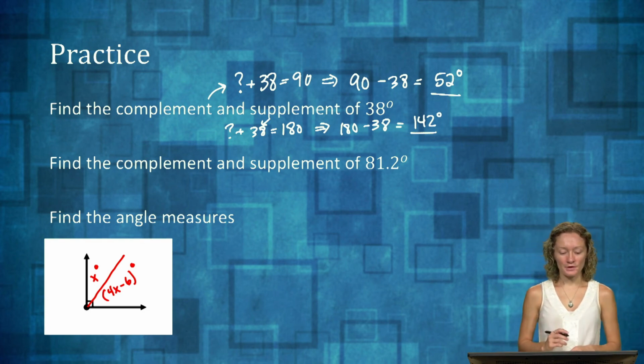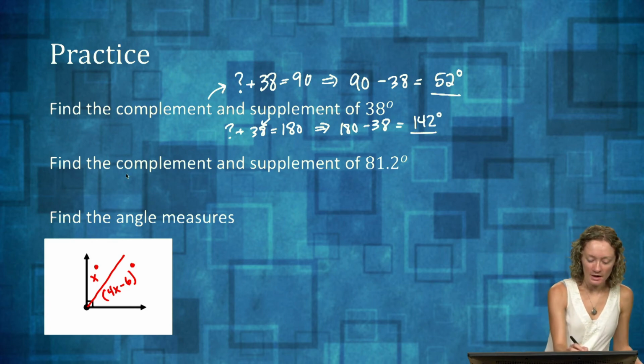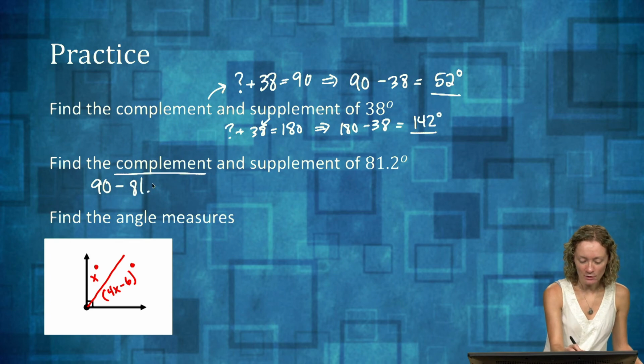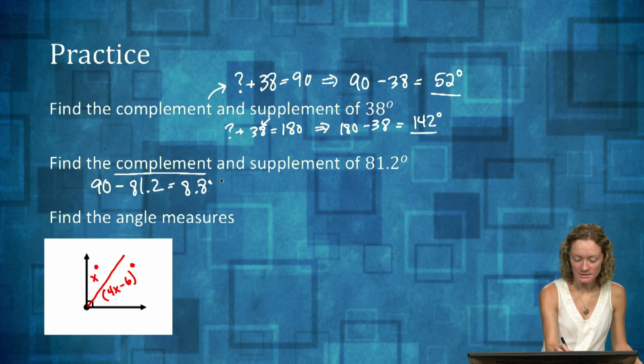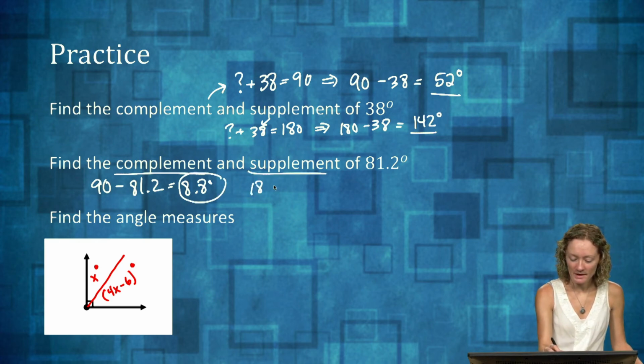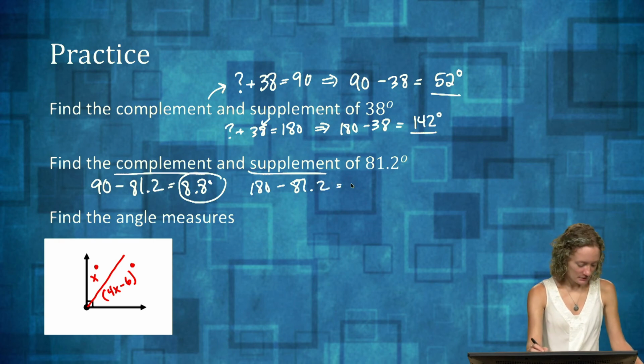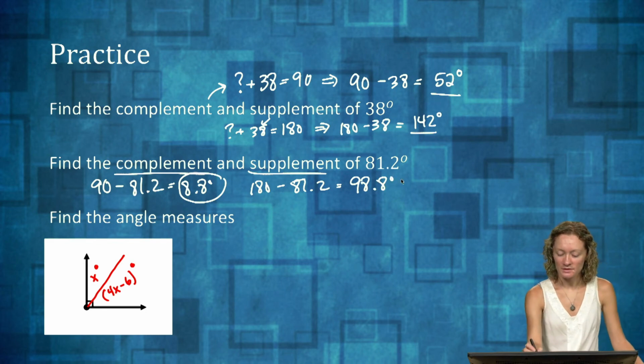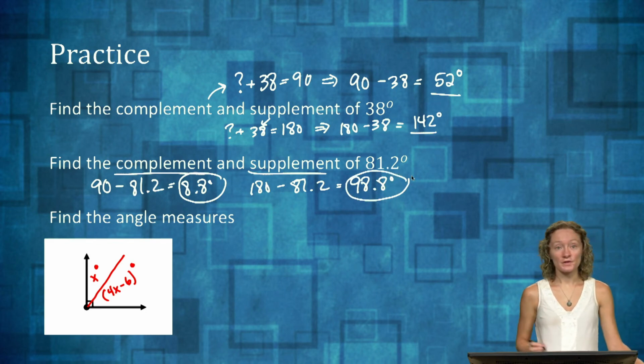Same process for the second problem, complement and supplement of 81.2 degrees. Complement is going to be 90 minus the angle we have, which is 8.8 degrees. And supplement, 180 minus 81.2 gives us 98.8 degrees.